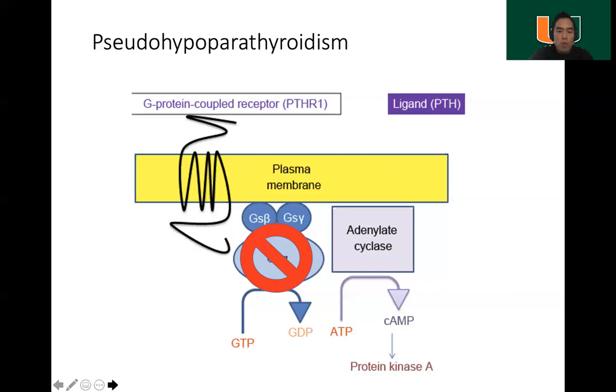So it's the opposite of McCune-Albright. This is pseudohypoparathyroidism. So what happens? You have hypocalcemia, you get hyperphosphatemia. It looks like hypoparathyroidism, but you actually have an elevated PTH level.